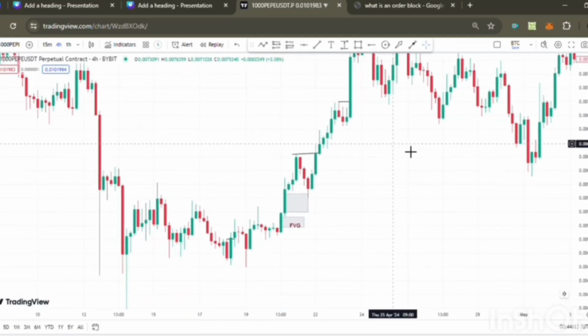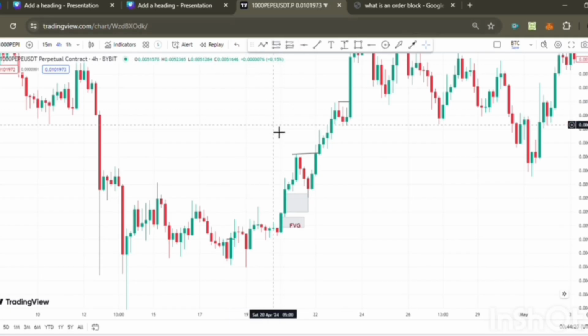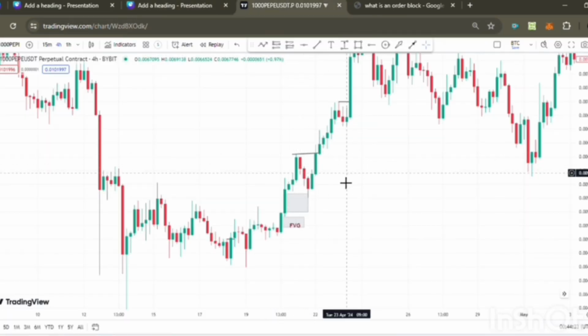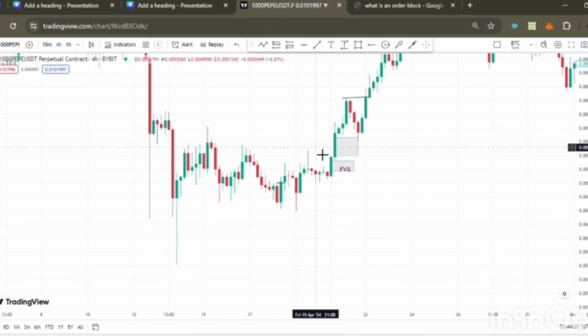So I think these are the rules for indicating an order block. These rules will help you find a strong order block. How do you indicate a strong valid order block? There are strong valid order blocks, while there are also minor order blocks, and there are ones that are very strong.